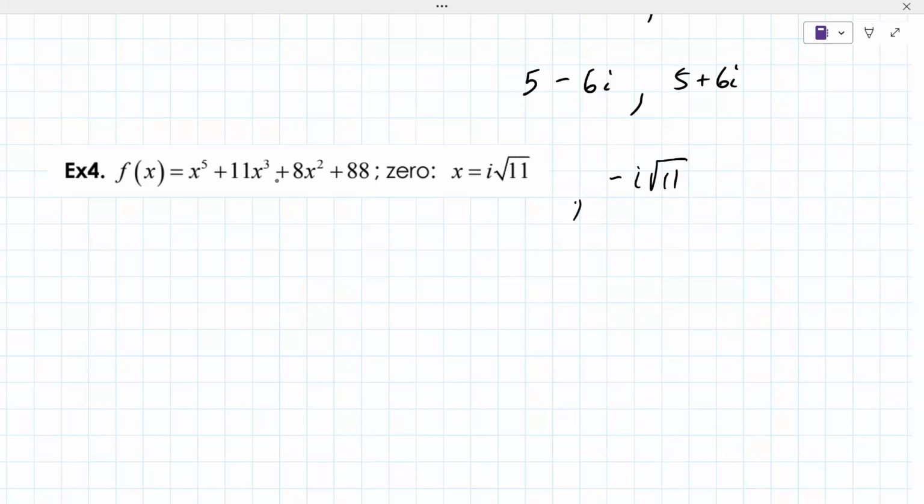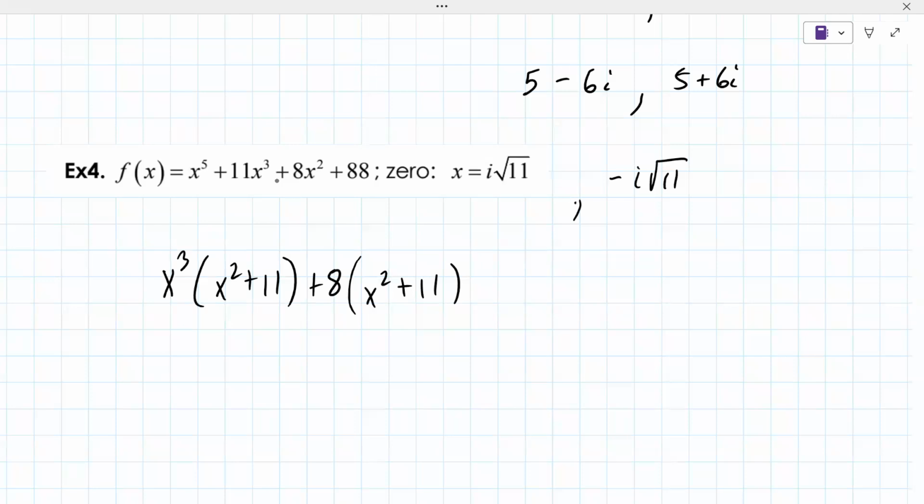So this is horribly messy. But this one, and I don't know if this was intended, you can actually factor out an x squared plus 11, and then it does work out this way. So you can put an 8 here.